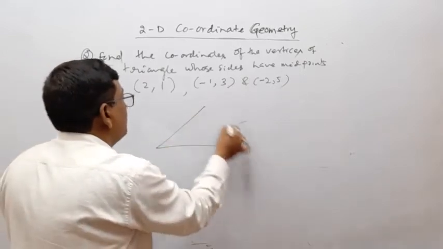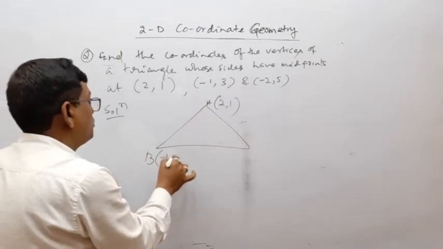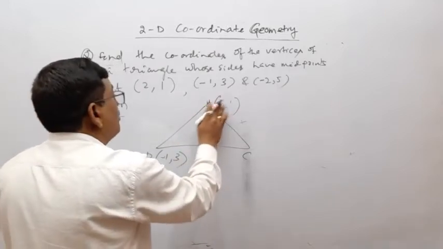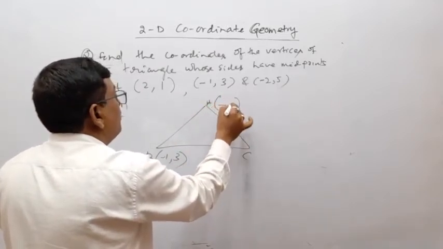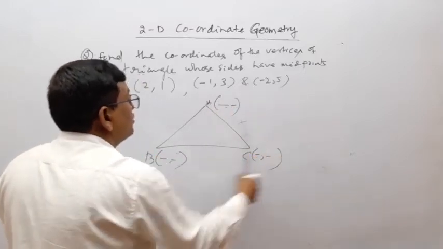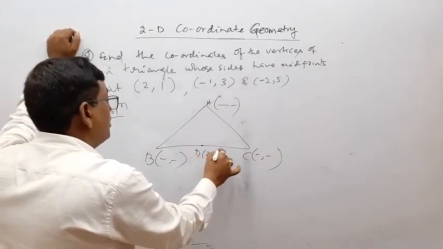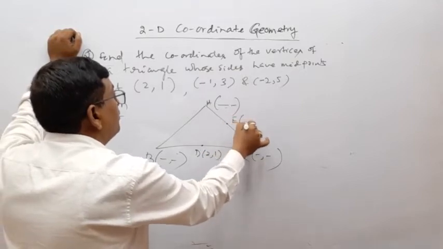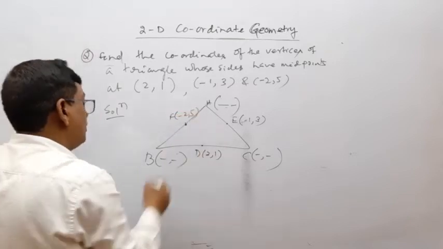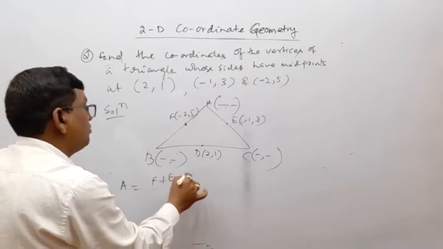Suppose this is A, whose point is 2, 1, and this is B, minus 1, 3, and this is C. This is not to find a vertex. Given that midpoints, suppose D is 2, 1, suppose this is E, minus 1, 3, and suppose this is F, minus 2, 5. Now coordinate A is equal to what? F plus E minus D.